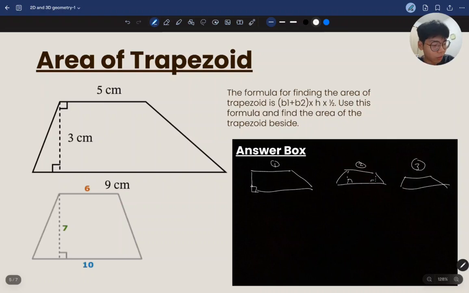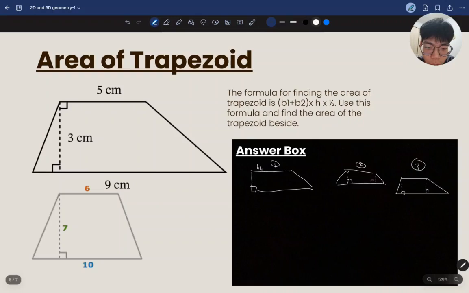And the third one, let me redraw it. Like this. Something irregular. But the formulas for finding all their areas are the same.